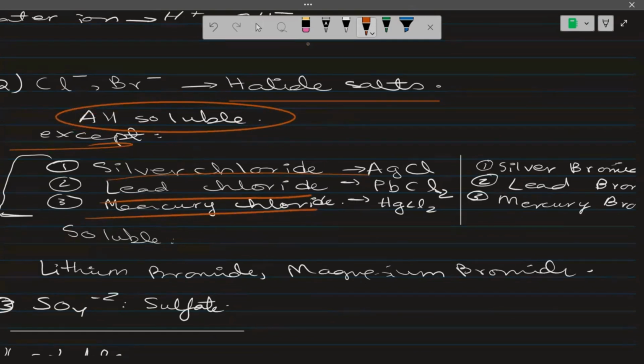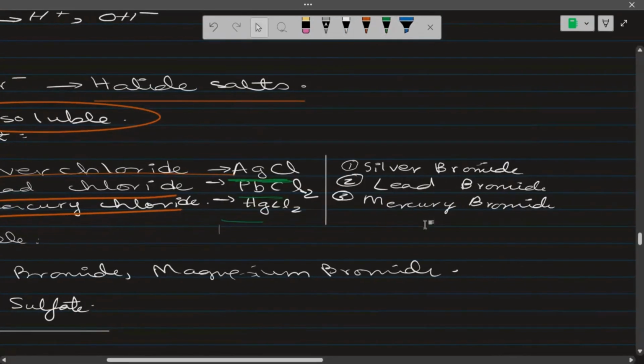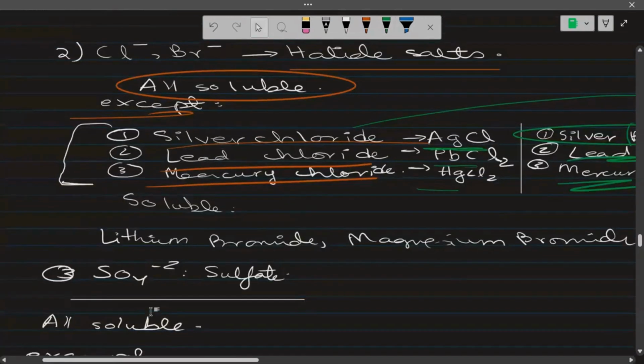Except these three, all are soluble. For bromide it is basically the same: silver bromide, lead bromide, and mercury bromide are the exceptions. It is easy to learn, and you have to learn this because it's very important.